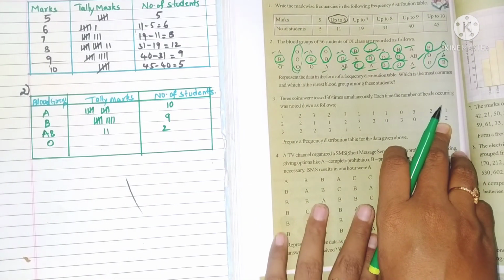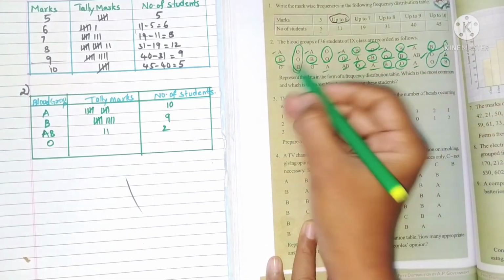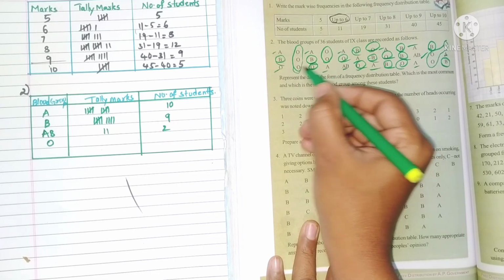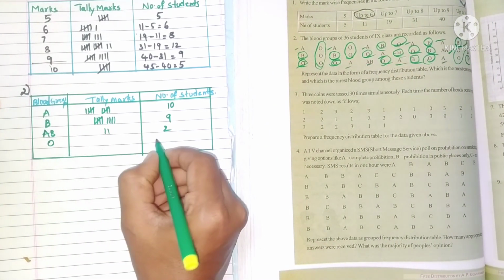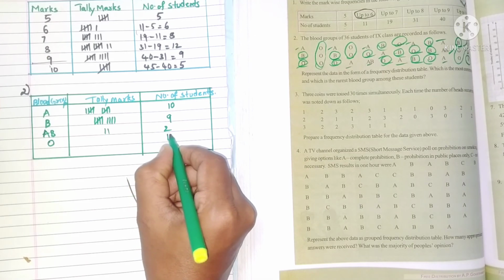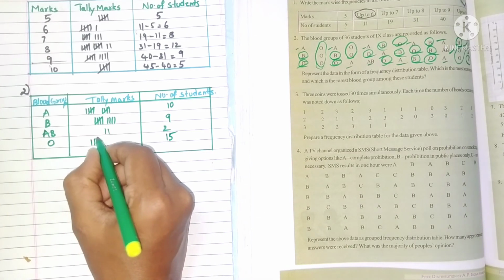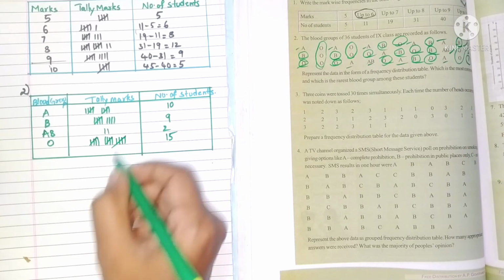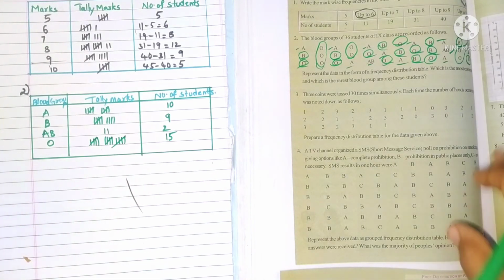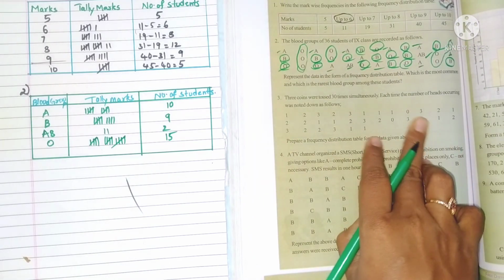Okay, 13 and 14, 15. How many O's are there? 15. So tally marks 15.